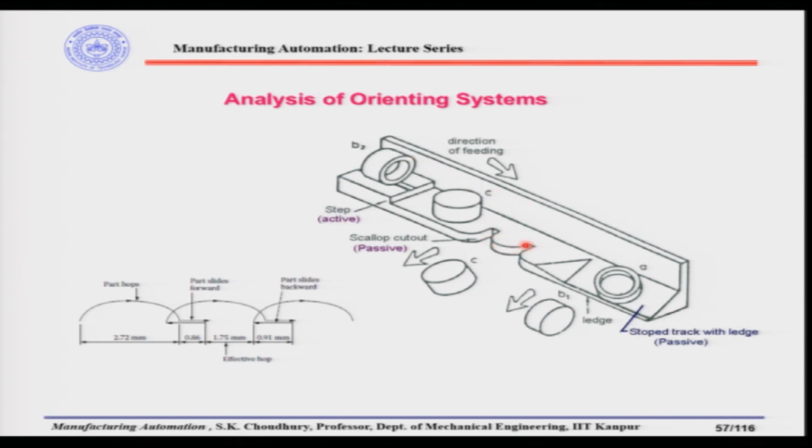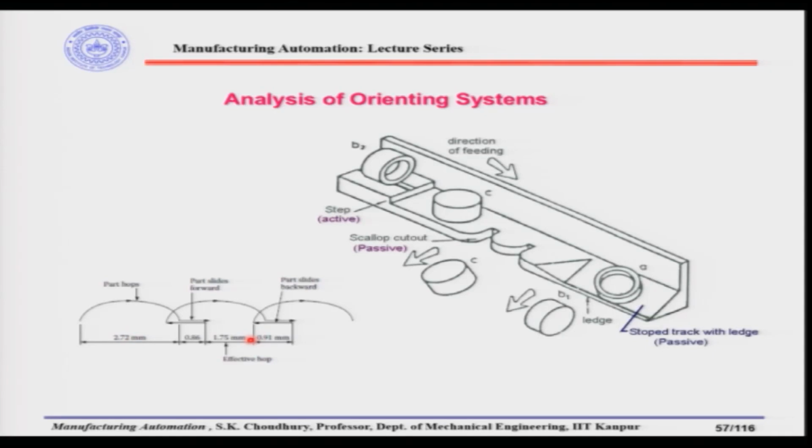You cannot make the scallop randomly; it has to be made depending on the shape of the parts. Since we do not want this internal diameter to negotiate, we have to find out the shape and size of this internal diameter, and the type of movement the parts make on the track of the vibratory bowl feeder.